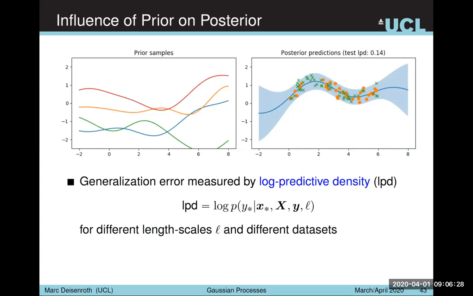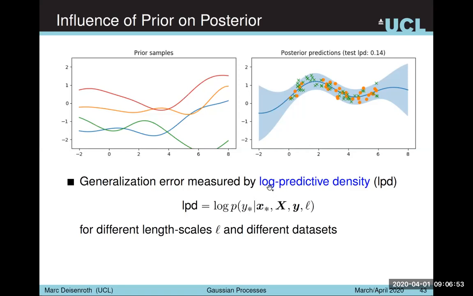In our case now with the Gaussian process, but also with Bayesian linear regression, we get a predictive distribution. When we make predictions at some test input x star, we predict y star, and we can now measure the generalization error by looking at the full predictive distribution.